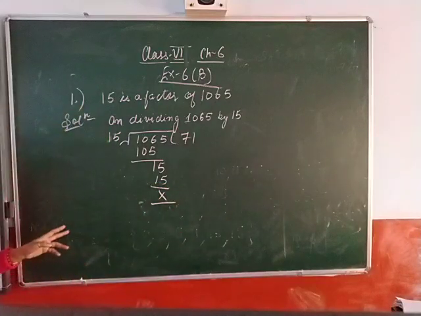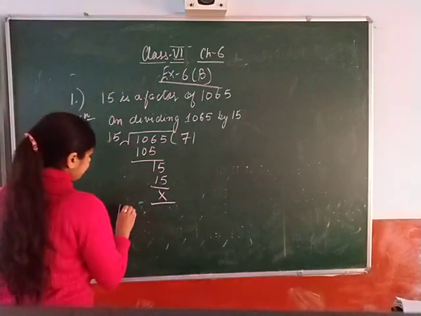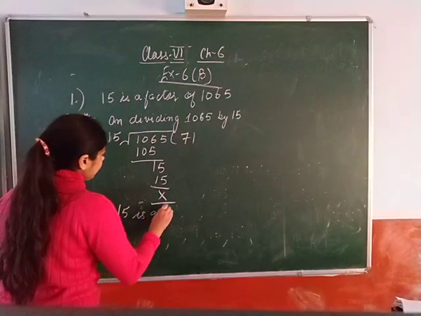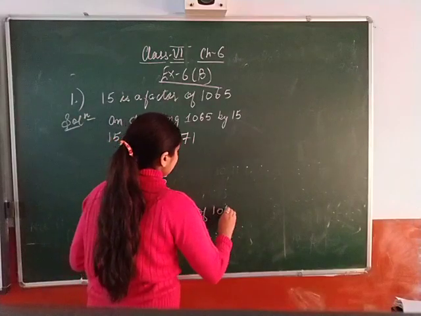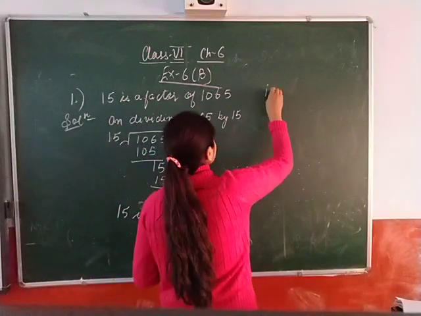What is the remainder here? 0. That means 15 is a factor of 1065.